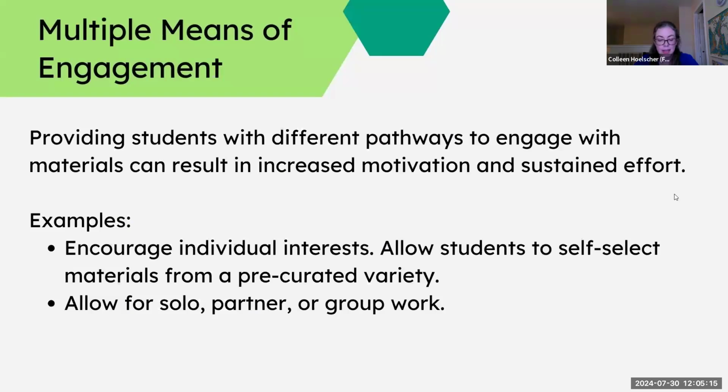Multiple means of engagement means providing students with different pathways to engage with the materials, which can result in increased motivation and sustained effort. One way to provide multiple means of engagement is to have students personally select items from a curated selection of work during an interactive instruction session. Having a strong interest in an individual item can allow for deeper engagement.